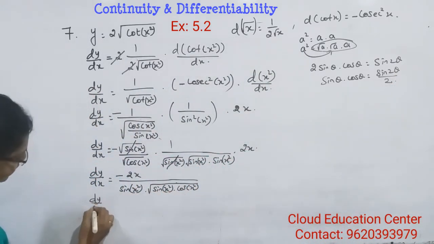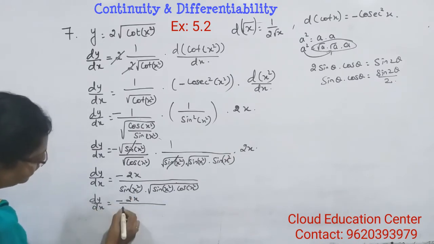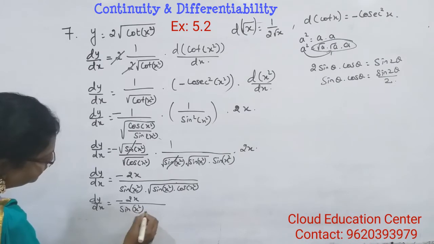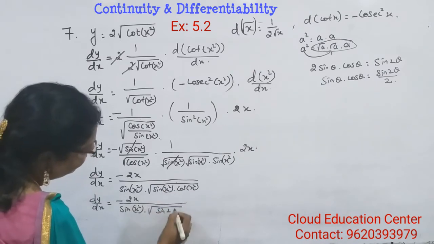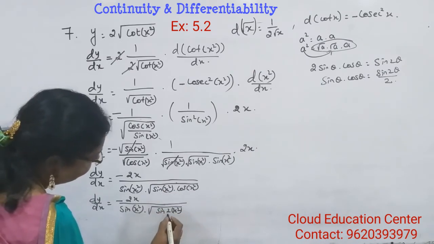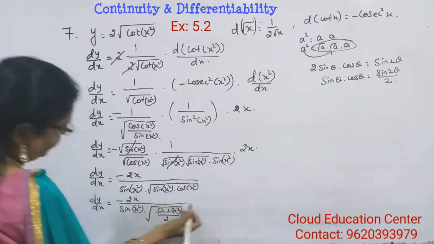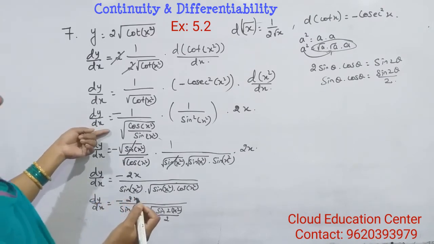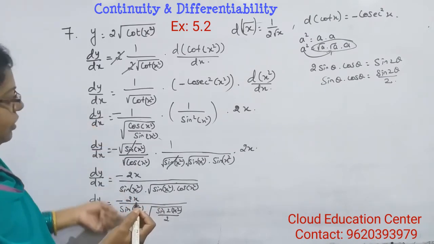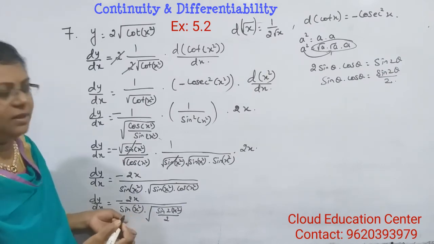So dy by dx equal to minus 2x divided by sin x square into root of sin 2, instead of theta we have x square here, divided by 2. That's it. Actually speaking, here itself we got the differentiation value, but why we are doing this modification is to get the textbook answer. Do remember that.